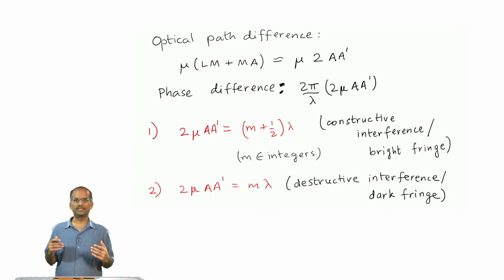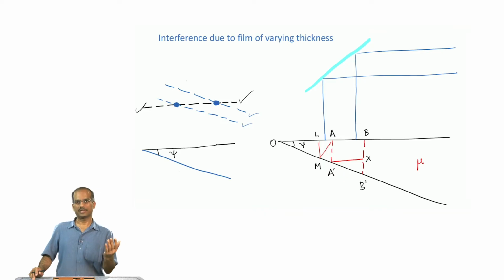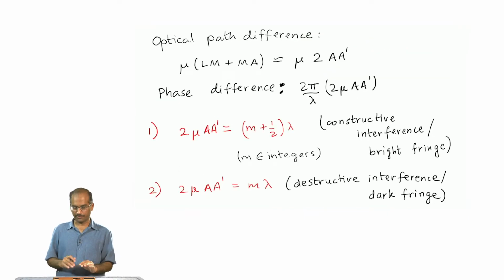This set of conditions looks similar to what we had seen for the previous problem when the thickness of glass was constant. Again, the reason you get the same thing is that when reflection takes place from the top surface, an additional phase of pi gets added, and we have taken that into account already here.